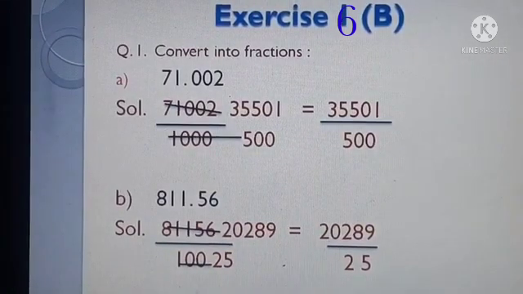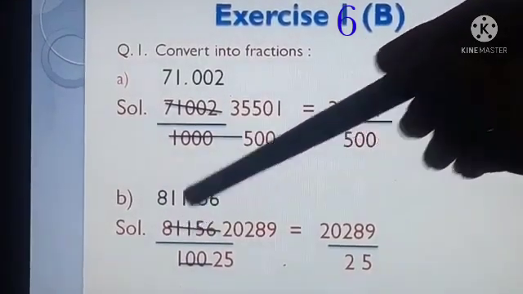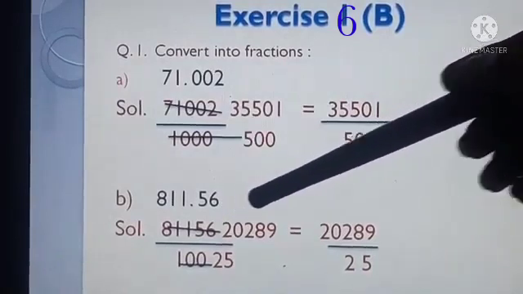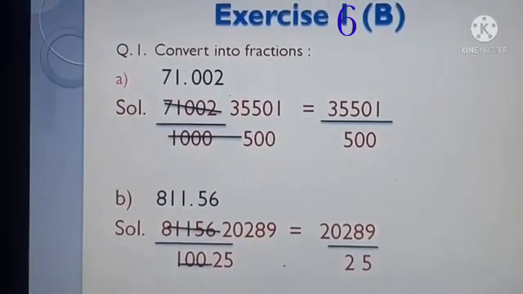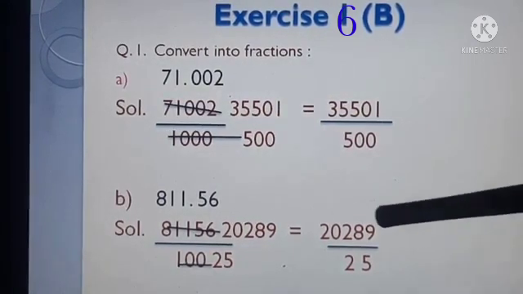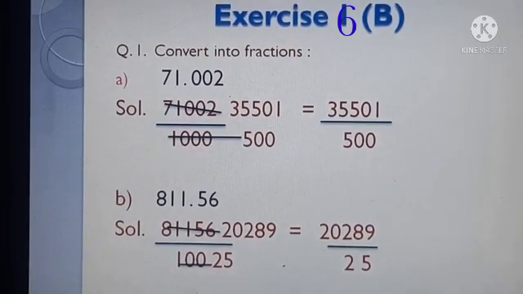Right? 81,156 divided by 4 will give you 20,289. So our number will become 20,289 upon 25. This is our fractional number. So we have converted this decimal into a fraction.